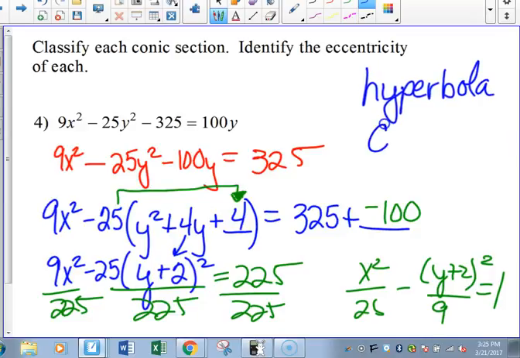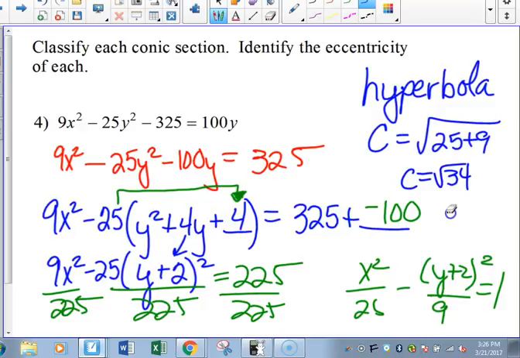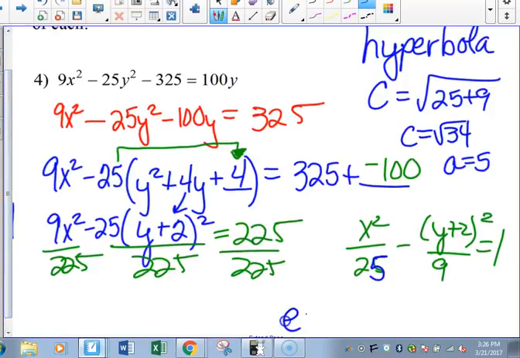How do you find C on a hyperbola? Yes, you add. So you get square root of 34. Which one is A? The positive one, but this is A squared, right? So A is 5. So the eccentricity here is square root of 34 over 5.